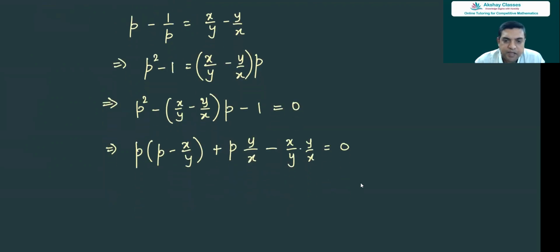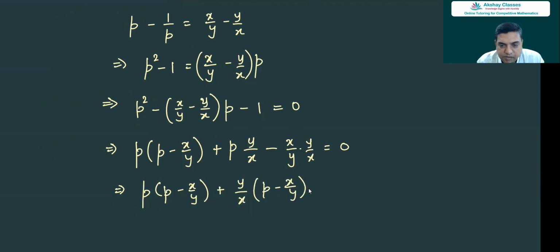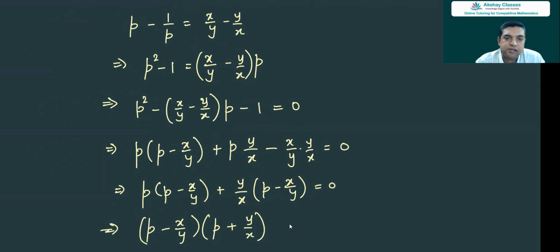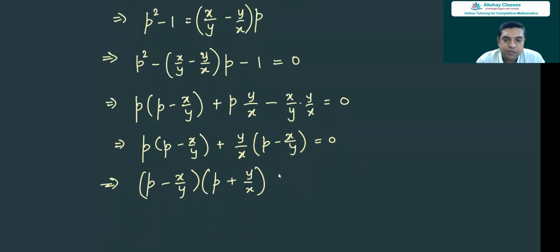So we get two factors, p minus x by y times p plus y by x, is equal to 0.